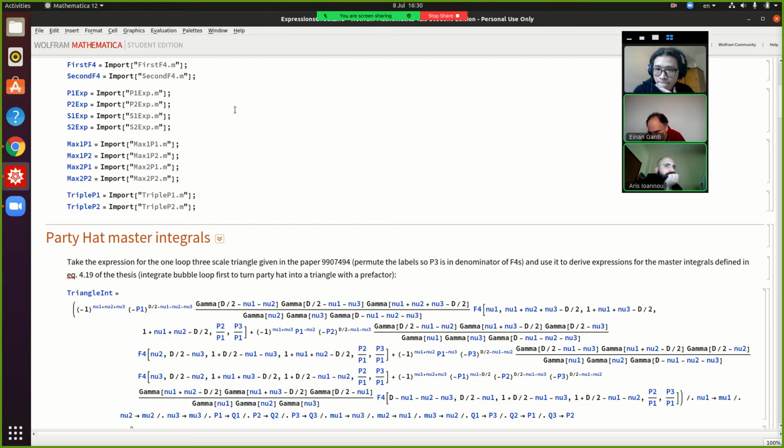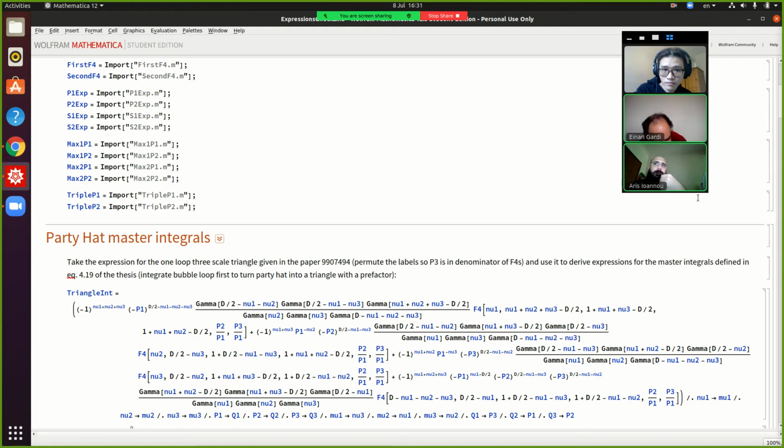Do you understand the classification? Yes. The number identifies which contour it is, and the number after P tells you which integrand it is. And then we have triple P1 and triple P2. That's a triple cut, 3 propagators cut, and this is given at the end. So now, if we go.